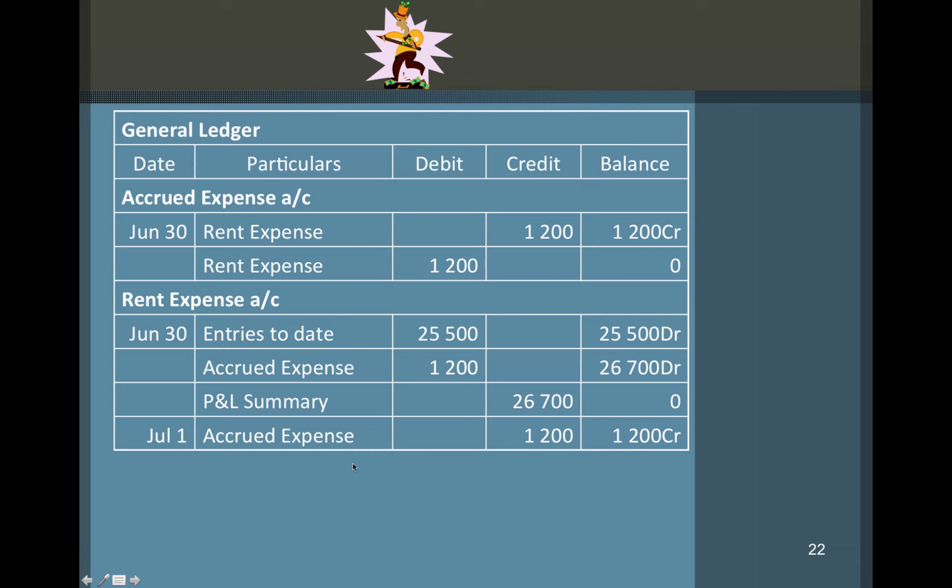At the end of this week, remember that accrued amount exists because last accounting period we acknowledged that we won't pay for that until the first week into the next accounting period.